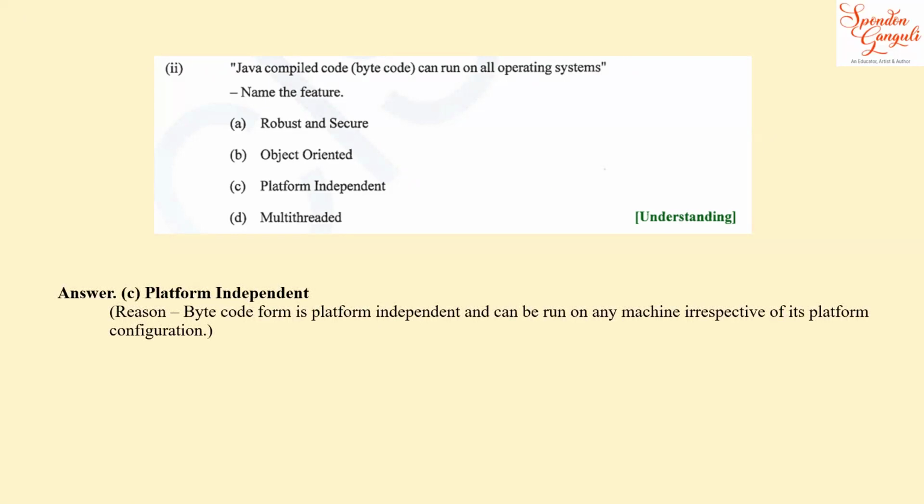So the answer is platform independent. As we all know, bytecode is the platform independent form of the source code and can be run on any machine irrespective of its platform configuration. Because of this bytecode, Java has the feature of write once, run anywhere.